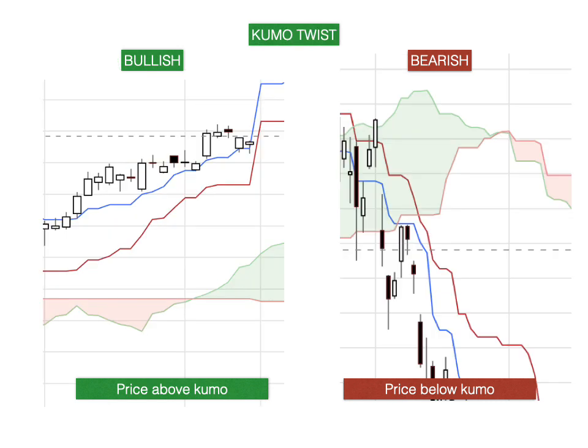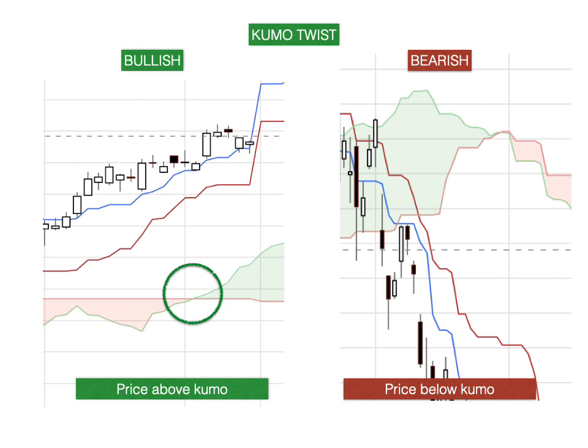The Kumo twist provides us a good early warning signal for a possible change in trend. In a bullish Kumo, the line above the Kumo is the Senkou span A, and the line below the Kumo is the Senkou span B. The space in between these Senkous is called the Kumo.